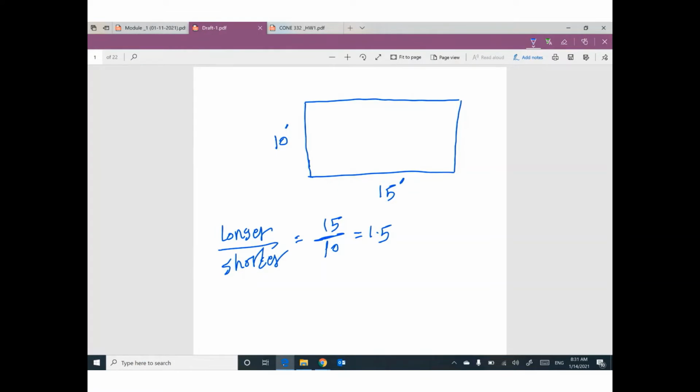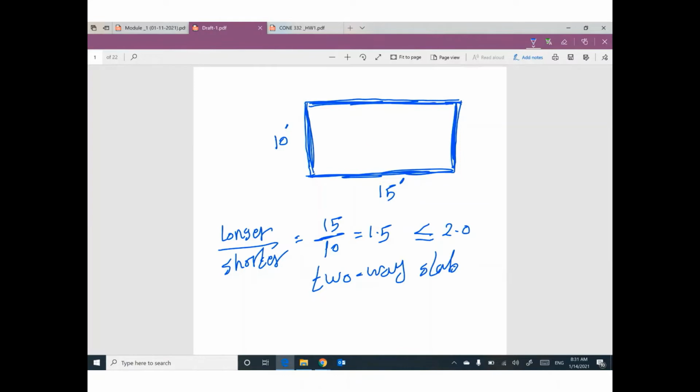I believe 1.5 is smaller than or equal to. This slab will be a two-way slab. I would like to determine how much will be assigned to this beam, how much to this beam, how much to this beam, and how much to this beam from this slab.